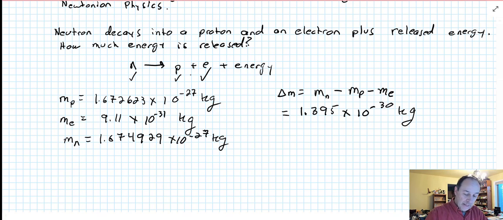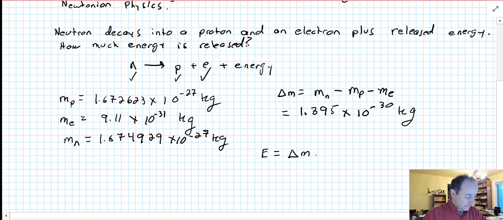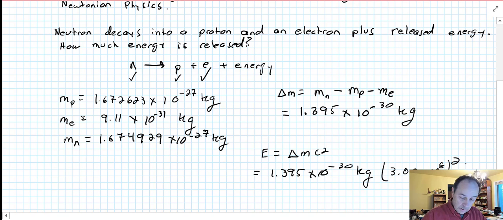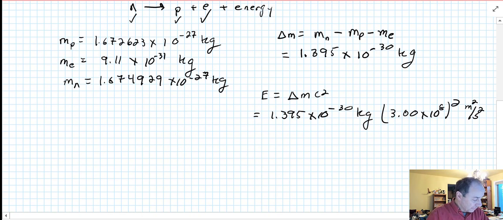So how much energy is that? Well, the energy release is going to be that change in mass times c squared. So that's 1.395 times 10 to the minus 30 kilograms times 3 times 10 to the 8th meters per second, squared, because the units have to get squared also to keep the units straight.